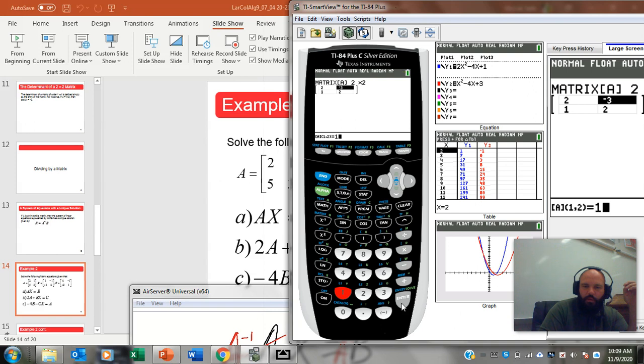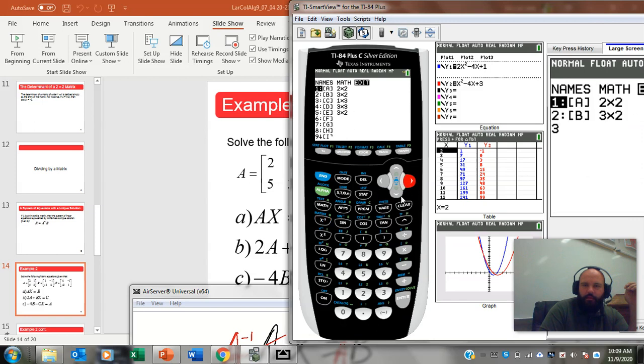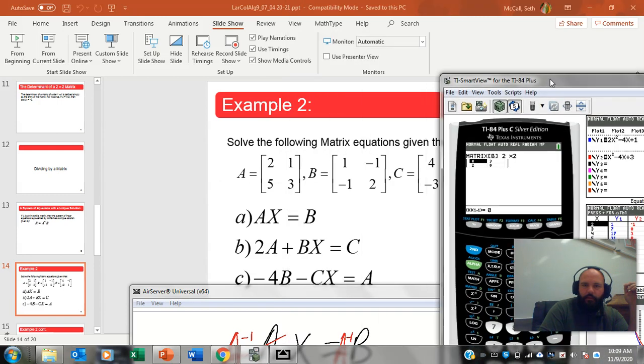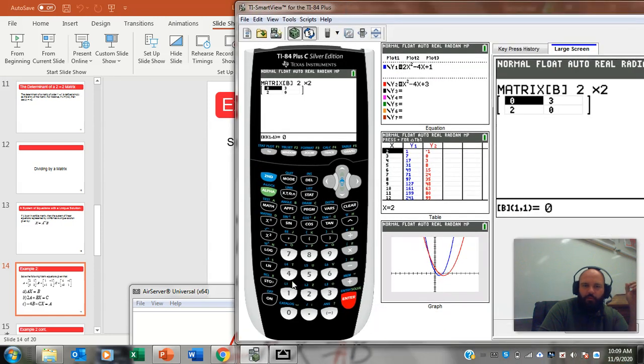I'm going to go into matrix B, and I'm going to edit that to be a 2 by 2 as well. And it's going to be 1, negative 1, negative 1, 2. Okay, so 1, negative 1, negative 1, 2.